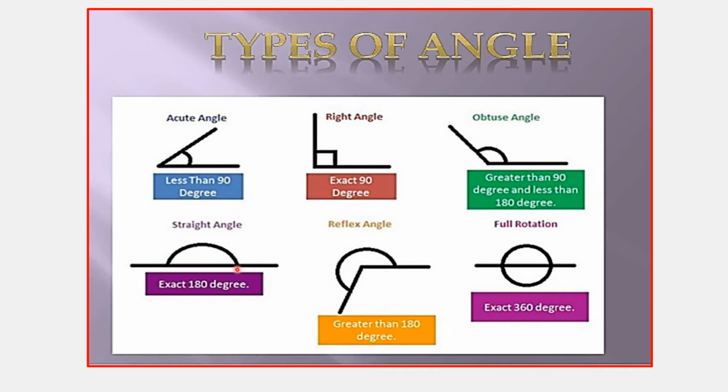Exact 180 degree is a straight angle, greater than 180 is a reflex angle, and one full rotation makes a 360-degree angle. It is also called a complete angle.